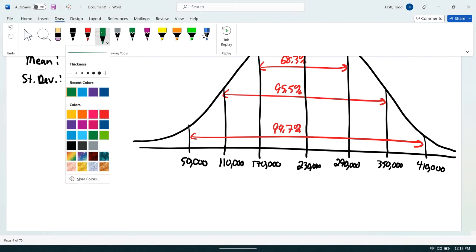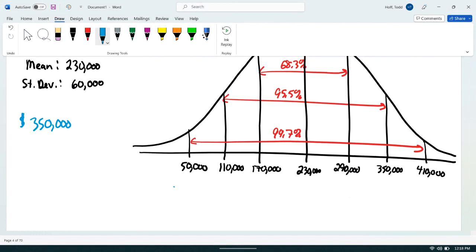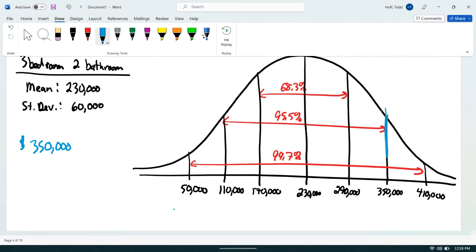So let's say then we find a house that we really like and its price is $350,000. And your real estate agent is saying, well, you better put in an offer on that right now or it's going to be gone. In fact, you better put in an offer that's more than the selling price. Well, if you look at what's going on here, this cutoff right here, this is 95.5%. If 95.5% is between these two blue lines, that means 4.5%, 100 minus 95.5 is 4.5%, is outside of that range.